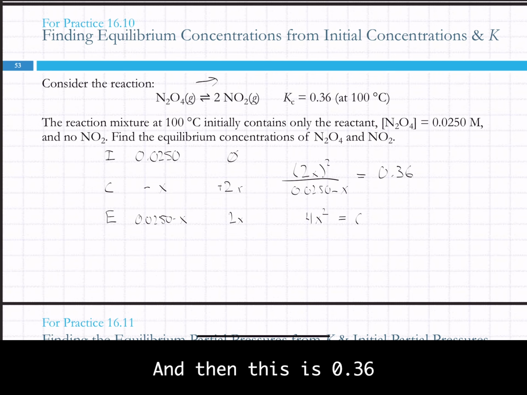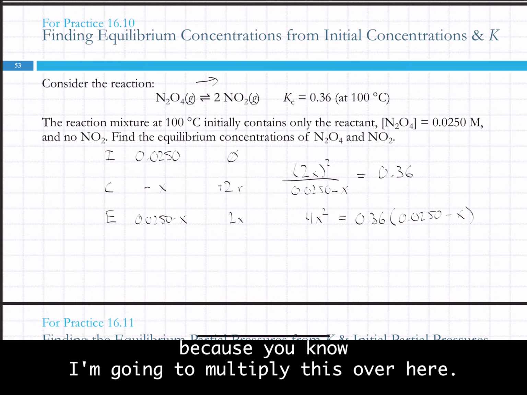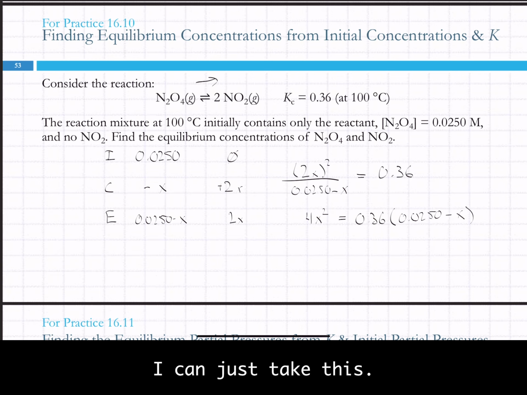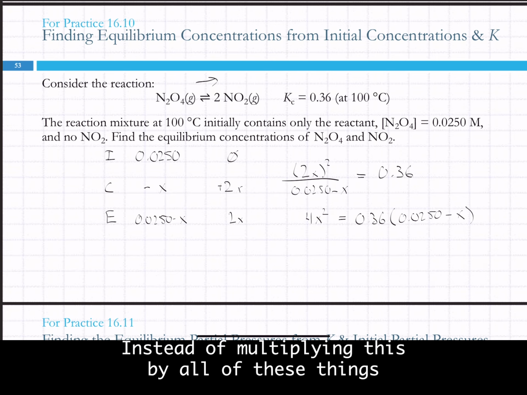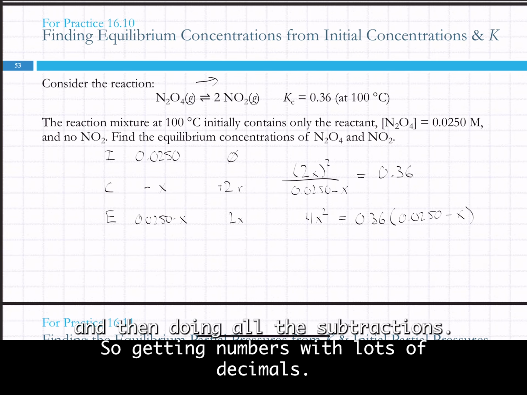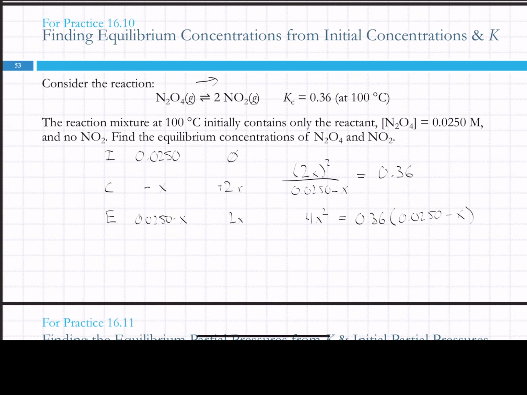And then this is 0.36 times 0.0250 minus x. And that helps in this case because even though I'm going to multiply this over here, it's a lot easier to do just 4 divided by 0.36 instead of multiplying this by all of these things and then doing all the subtractions and getting numbers with lots of decimals.